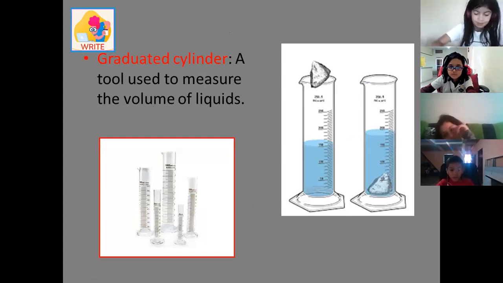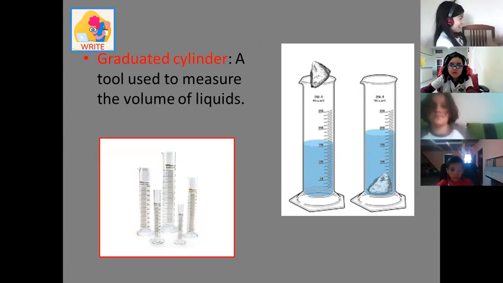Another way that we can measure volume, remember first we were measuring the volume of solids. What about measuring the volume of liquids? Well, we will need a graduated cylinder. This is one of those tools the scientists use, okay?